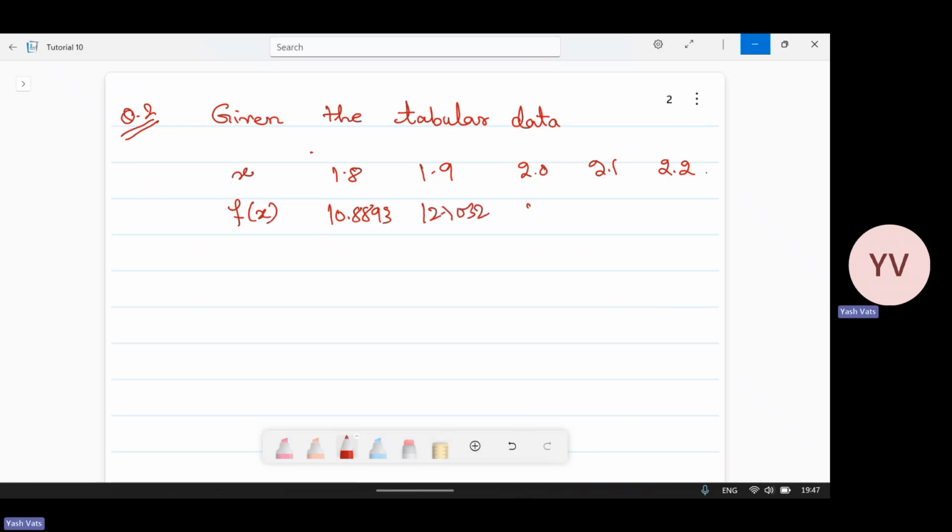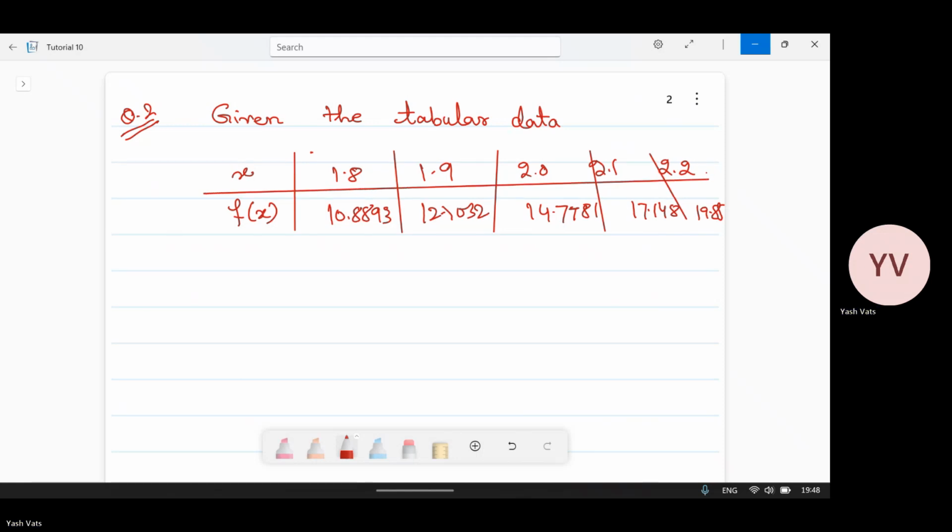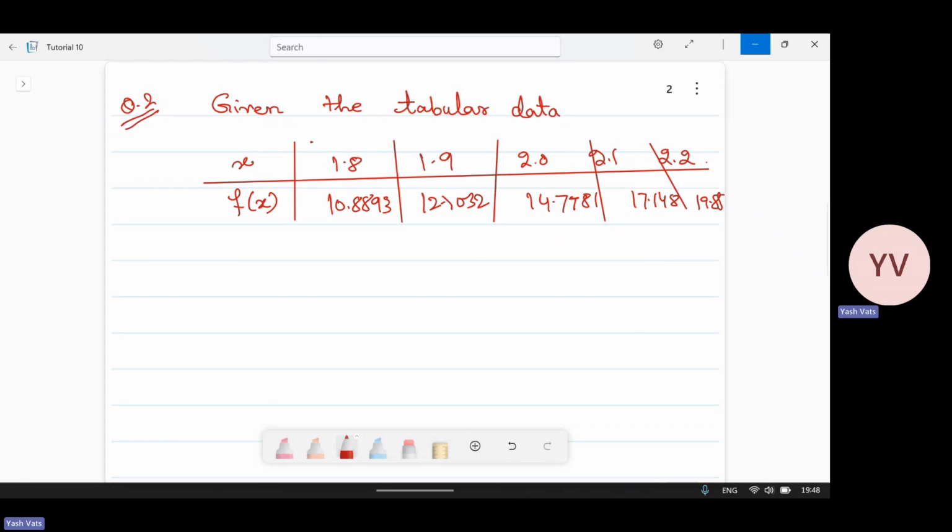I don't know what the values are, but anyway, whatever the values are, never mind. So this is the data you have. Just make it bigger. Okay, this is your data.